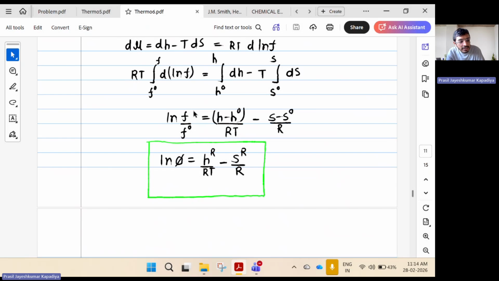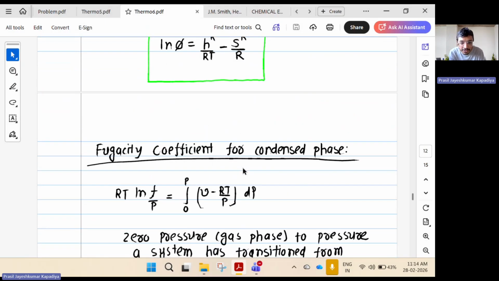So HR by RTc is equal to HR by RTc at 0 plus omega into HR by RTc at 1. Okay, and similarly for SR by R, so we can find the value of fugacity coefficients.